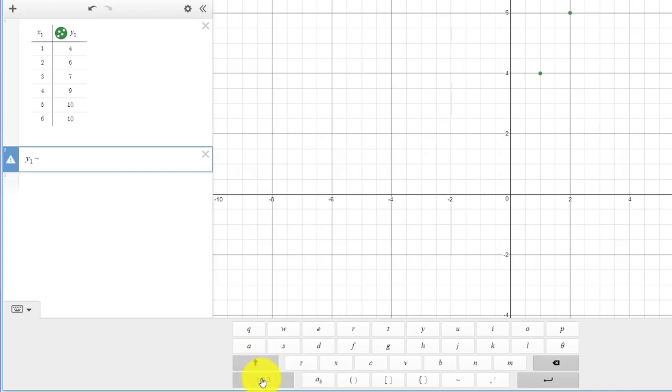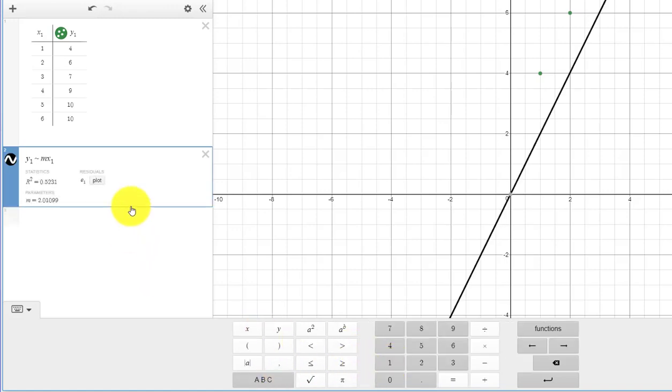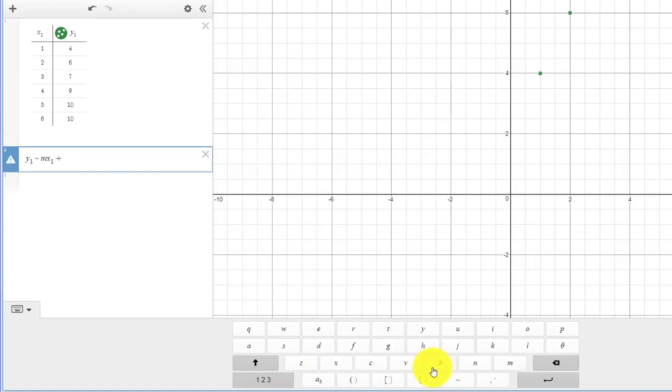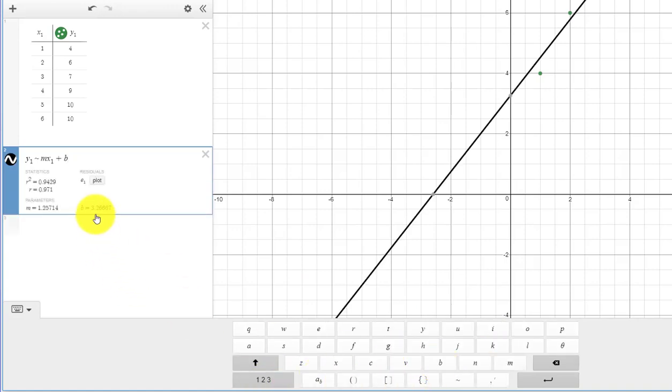This time it will be mx plus b. I'm going to use m, or any variable that you would like to use for your slope, but since we usually use m for slope, I'm going to use m. x sub 1, and then plus the y-intercept, which is b.